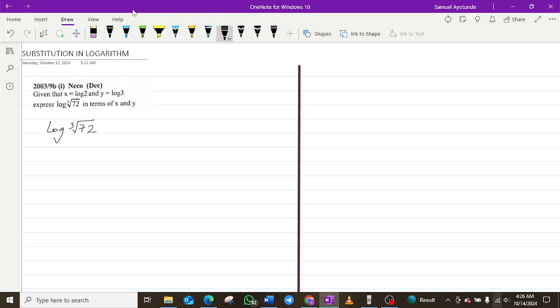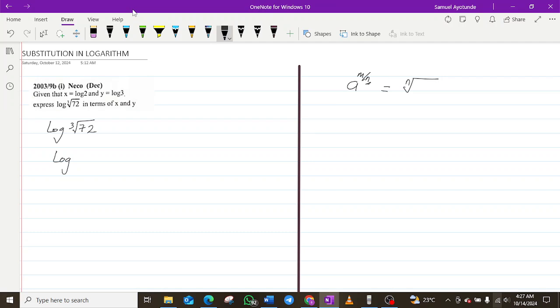But I will first deal with the root here, the root of 72. I explained in our last class that when any number takes a fractional power, this is the law of indices: the denominator of the power becomes the root.